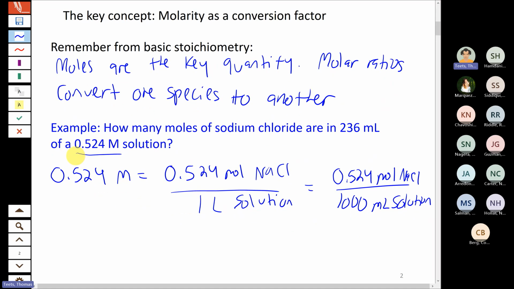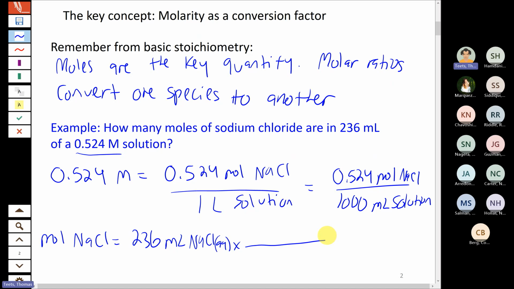So then to answer the question that is posed here, if we want to find the moles of that reactant sodium chloride, then we start with the given volume, 236 milliliters of the aqueous solution, and then we can use the conversion factor. And again, knowing whether we multiply or divide by the molarity comes from just unit analysis.